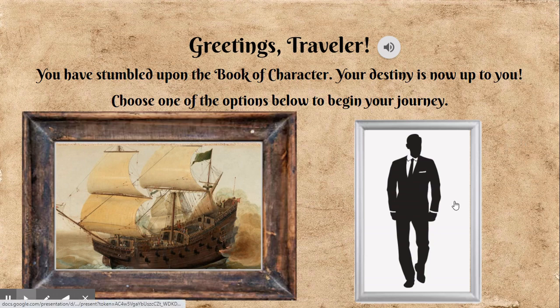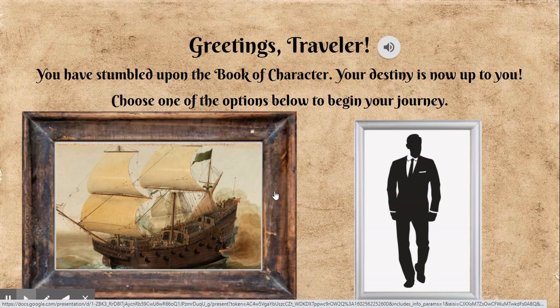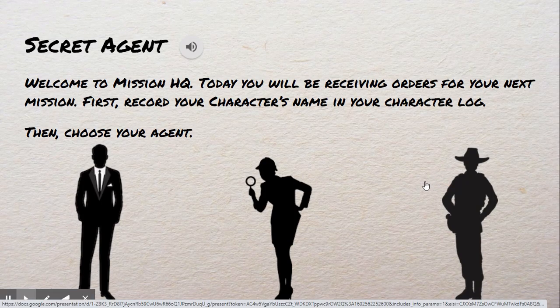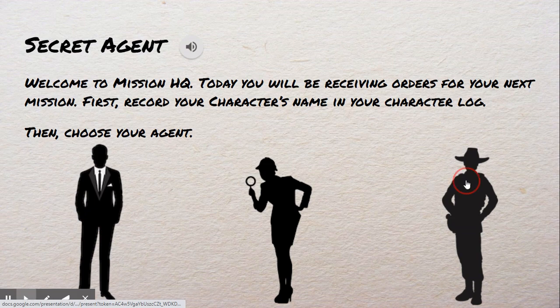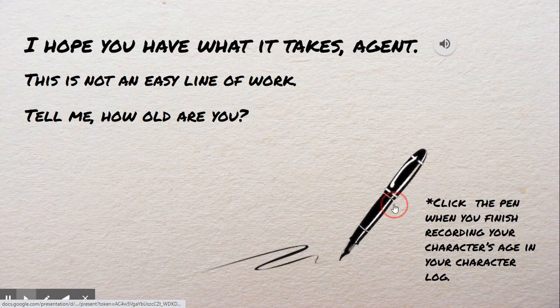So you can make your options whatever you want them to be. And what you do is you insert the images, and then you link each image to its corresponding slide. So if I wanted to do my spy journey, I would click on that, and then I get to pick one of these. So you get the idea.